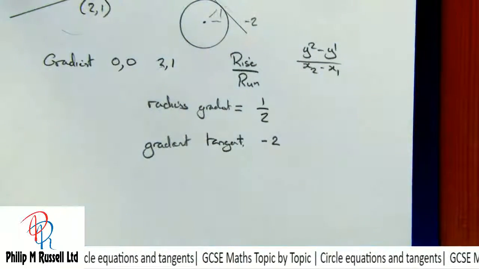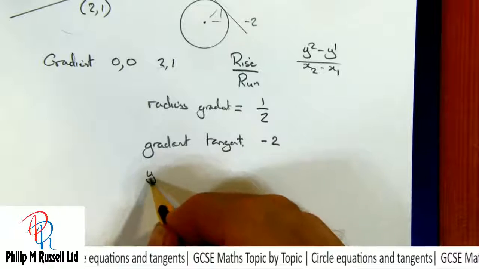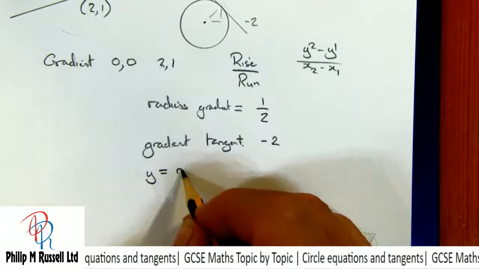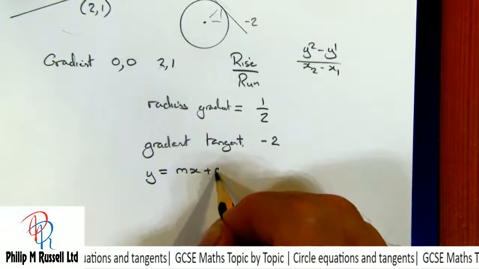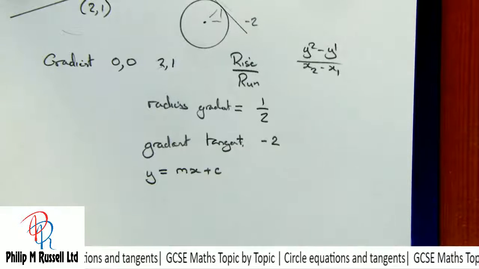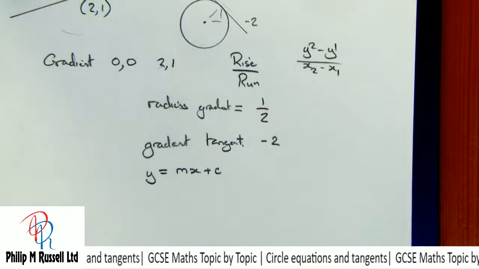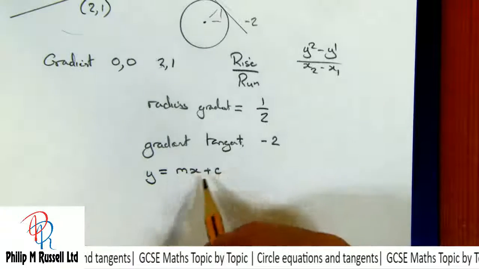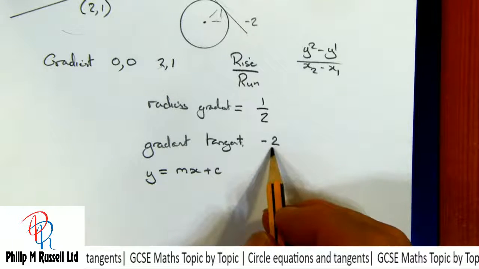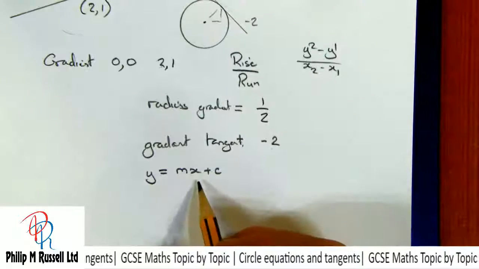Then what do we know about this? Well, we know we've got our line y equals mx plus c. That's what I'm perhaps asked to work out. Could I work out the equation of the tangent? I've got it going through these points.